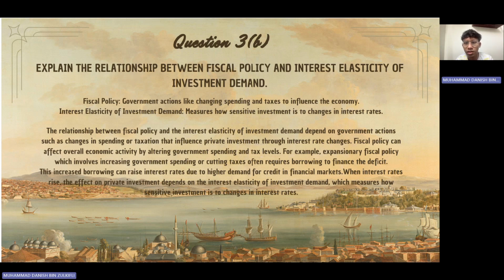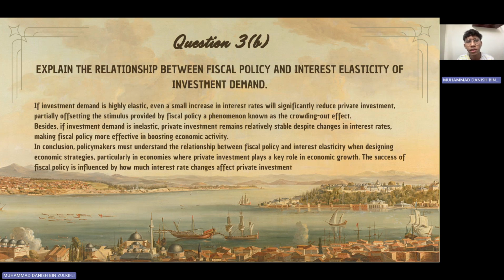For example, expansionary fiscal policy, which involves increasing government spending and cutting taxes, often requires borrowing to finance the deficit. This increased borrowing can raise the interest rate due to the higher demand for credit in the financial market. When the interest rate rises, the effect on private investment depends on the interest elasticity of investment demand, which measures how sensitive investment is to change in interest rate.